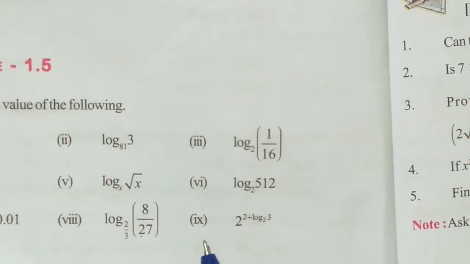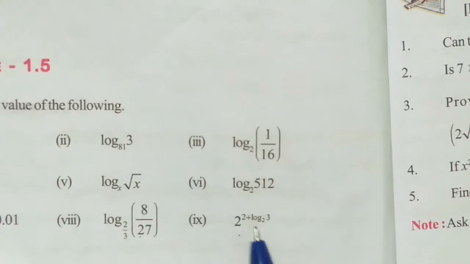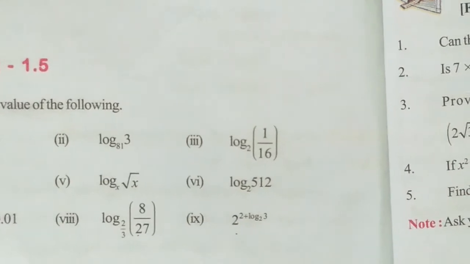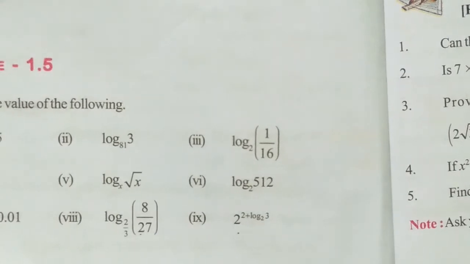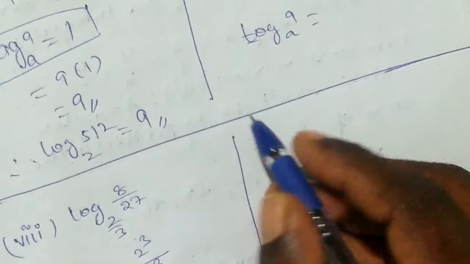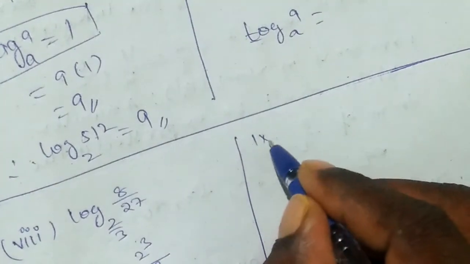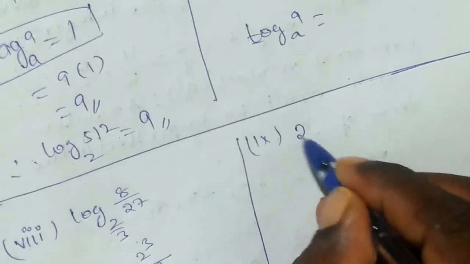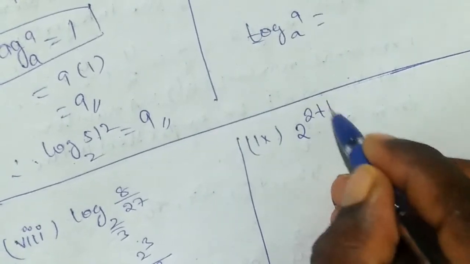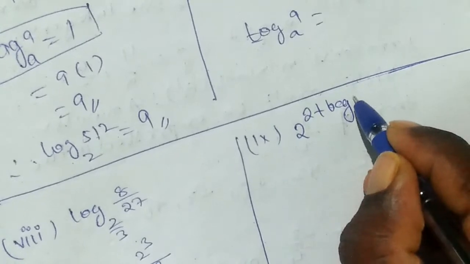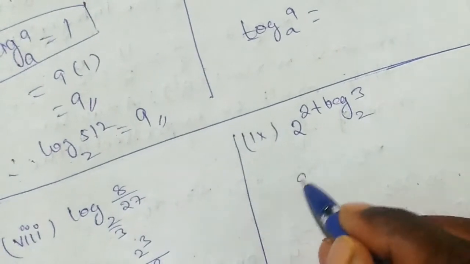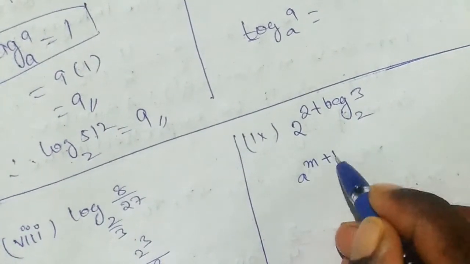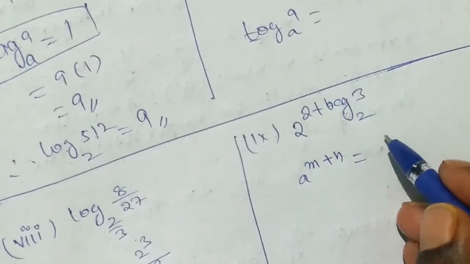Next, ninth problem: 2 to the power of 2 plus log 3 base 2. I am going to solve this problem. 2 to the power of (2 plus log 3 base 2). So this is a to the power of m plus n, the exponential law.